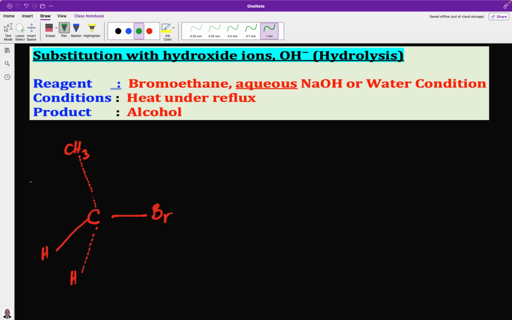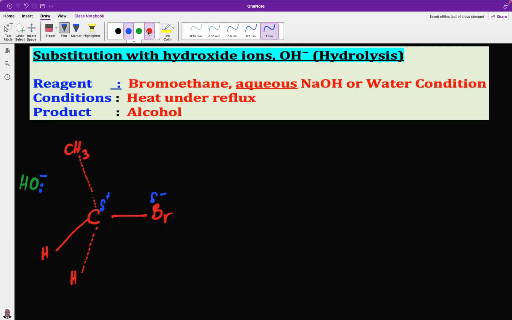So this is the nucleophile, the hydroxide. Remember, it's a polar molecule, with a partial positive carbon and a partial negative bromine.